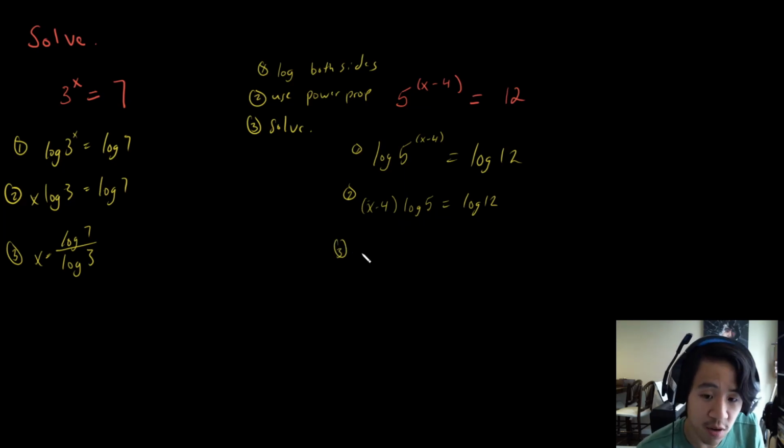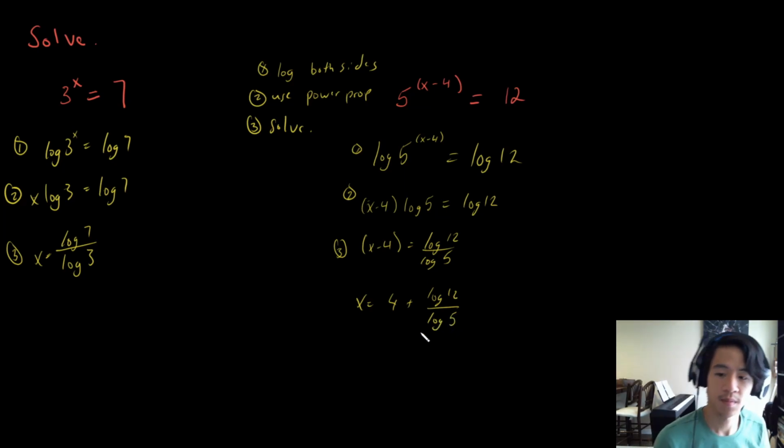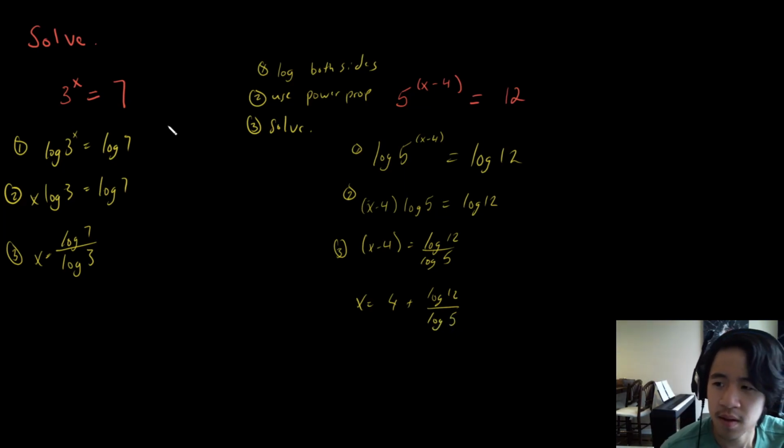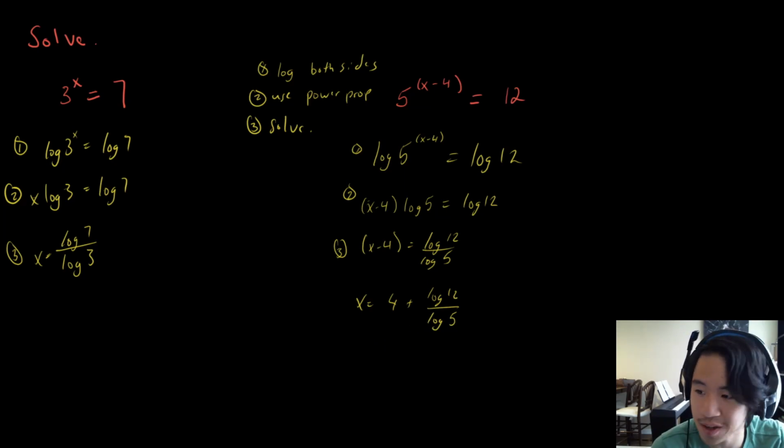Divide by log of 5 on both sides. So we have x minus 4 equals log of 12 over log of 5. To get x by itself, we add 4 to both sides. So x is equal to 4 plus log of 12 over log of 5. That's our answer. Sorry, I kind of spaced out. You can either plug that in or just leave it as is, and that will be completely fine.